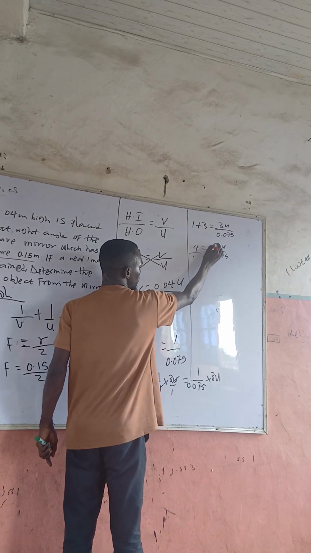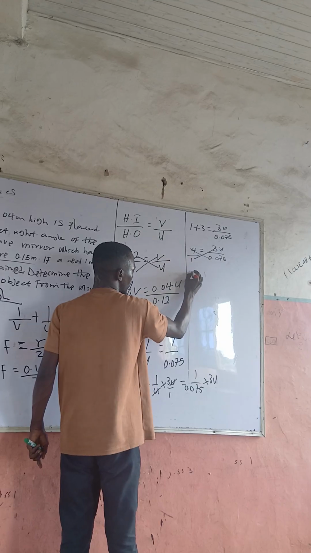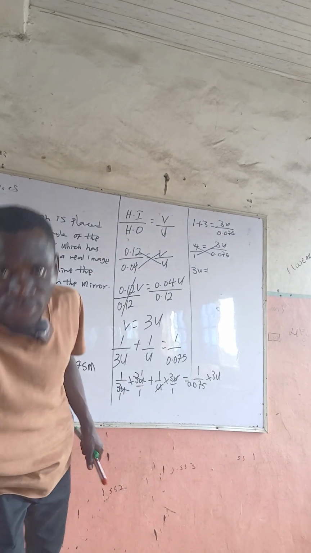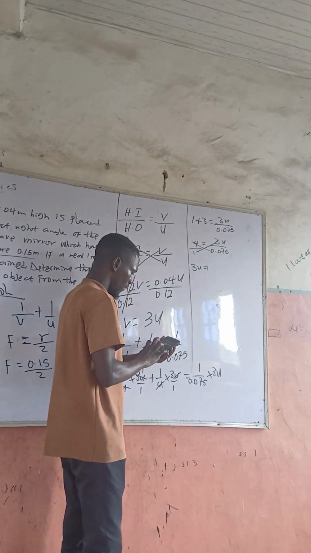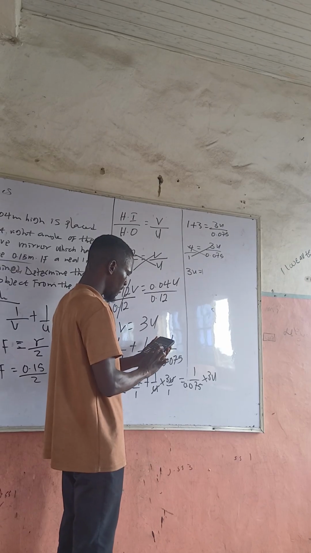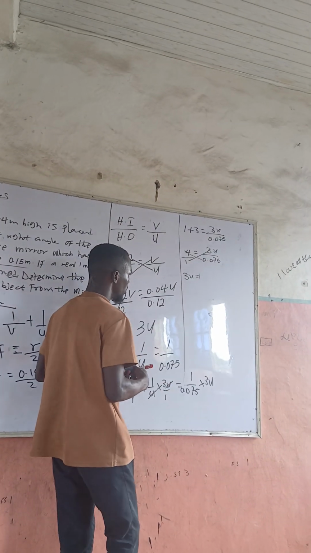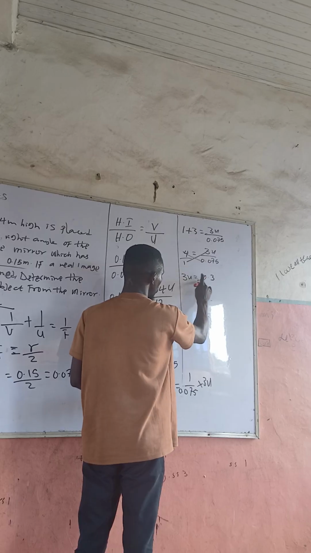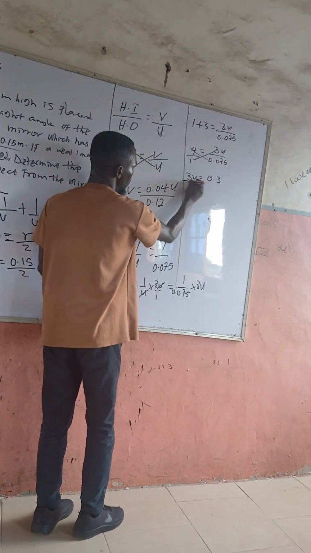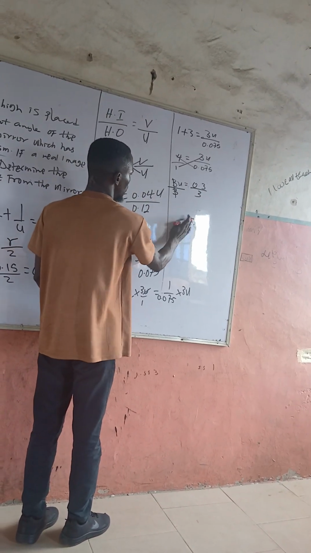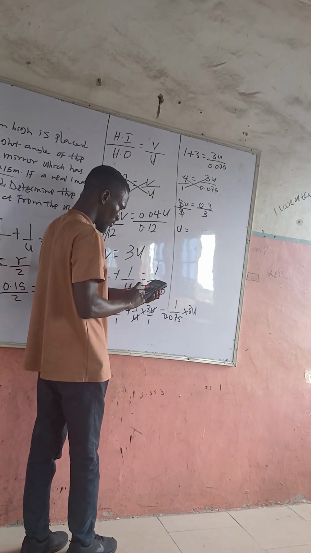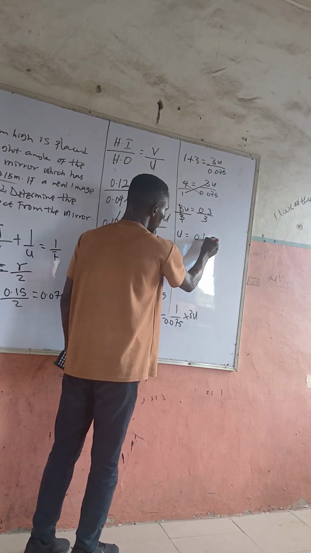Now when we cross multiply, we get 3u equals 4 times 0.075, which gives us 0.3. So we have 3u equals 0.3. Now remove this 3, dividing by 3, and we have the distance of the object equals 0.1 meter.